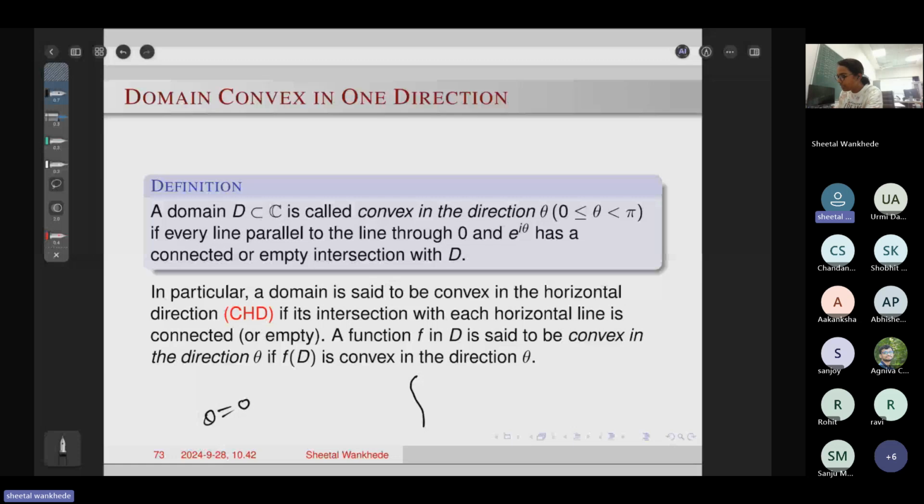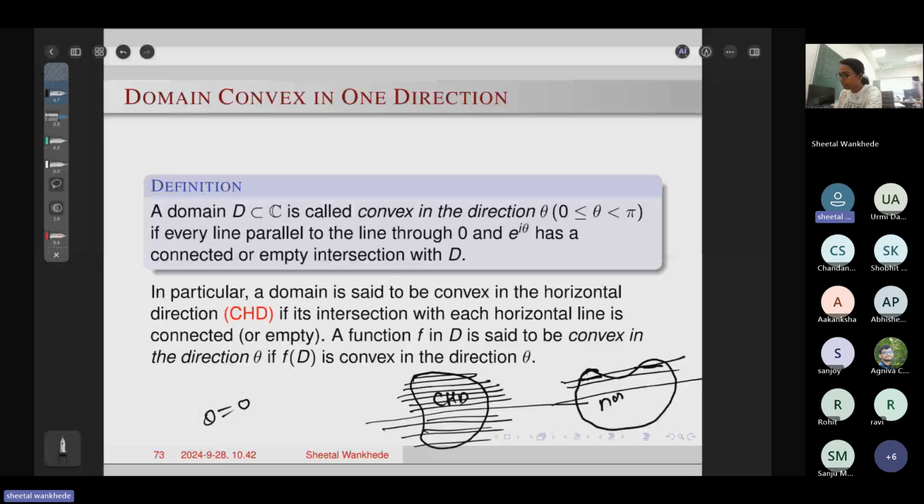Now if we take the domain's intersection with all the lines parallel to the horizontal line, they have connected or empty intersection. So this domain is a CHD domain. But this domain is not CHD. Why? Because when I took these lines parallel to the x-axis, they do not have connected intersection. They have disconnected intersection. So this is non-CHD.